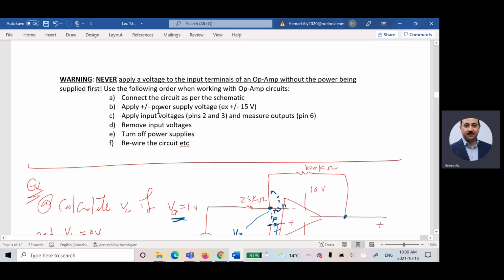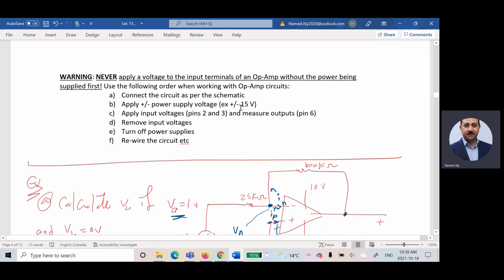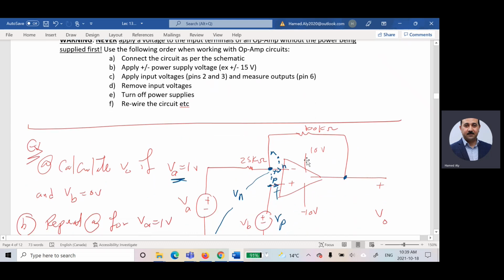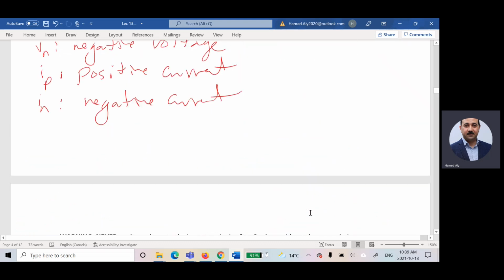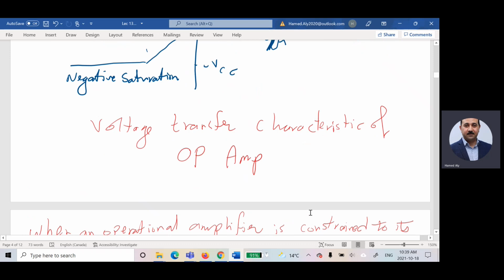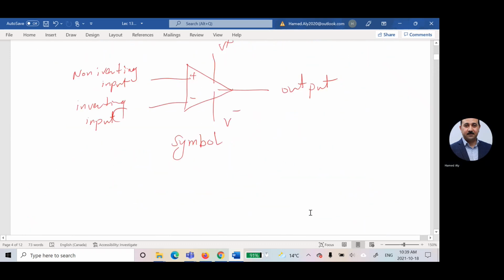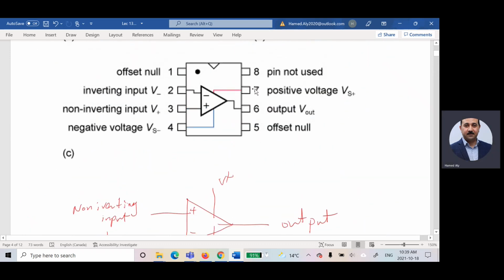Then I apply the power supply, positive and negative 15 or whatever you have, between pin 7 and pin 4. The first power supply I turn on is the one connected to pin 7 and pin 4.